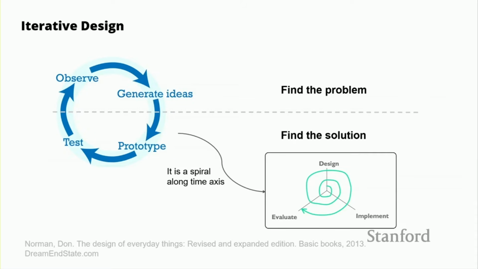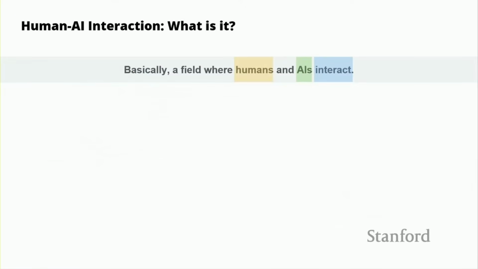For us, and at least closest to this class, is what things like this mean when we're interested in human-AI interaction. More and more, this is being formalized as a field, actually at different levels of abstraction. People have decided to name this: there's a level of human-AI interaction, a level of human-LLM interaction, human-VLM interaction.